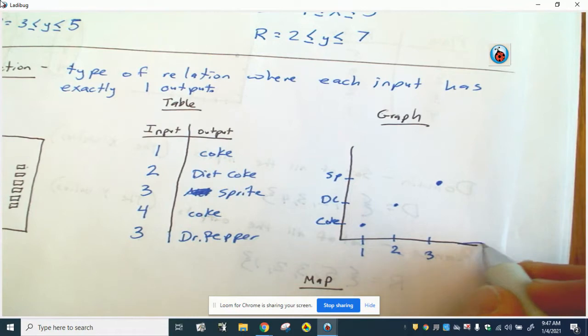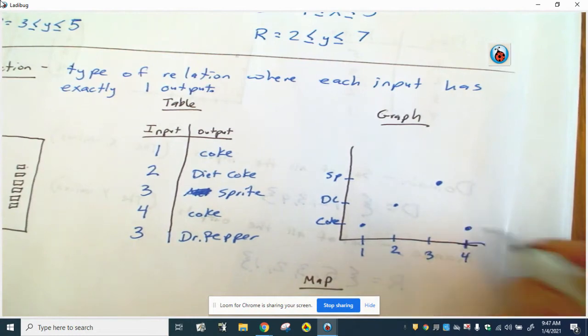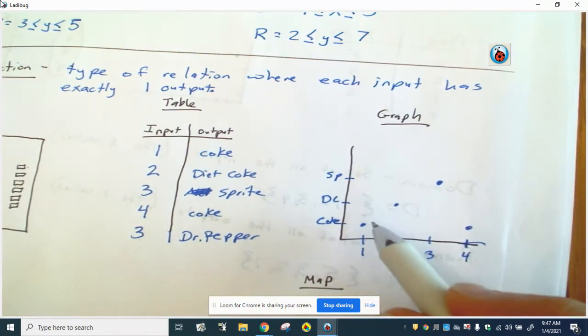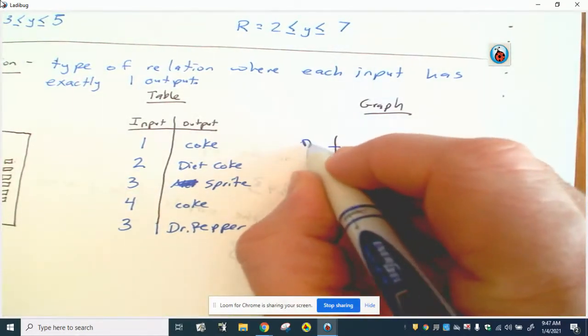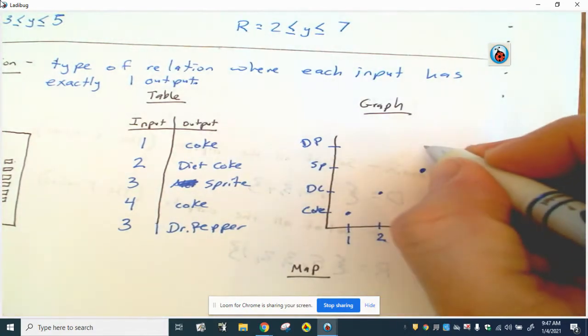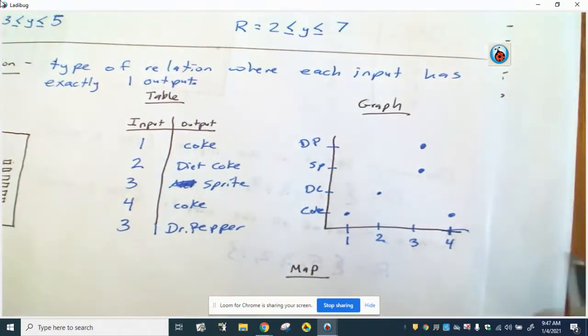And then I pressed the fourth button, and I got a Coke again, right? I was actually okay here. But then I pressed the third button again, and I got a Dr. Pepper. So now what happens is I fail what's called the vertical line test, okay?